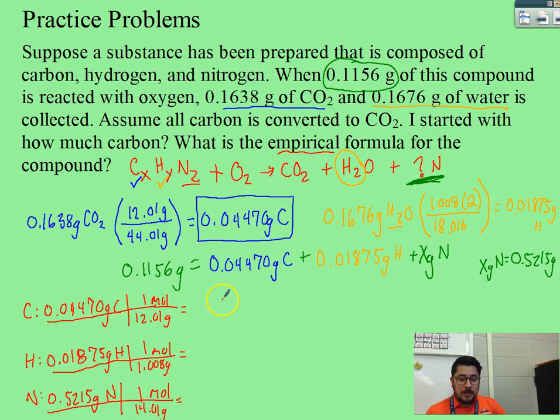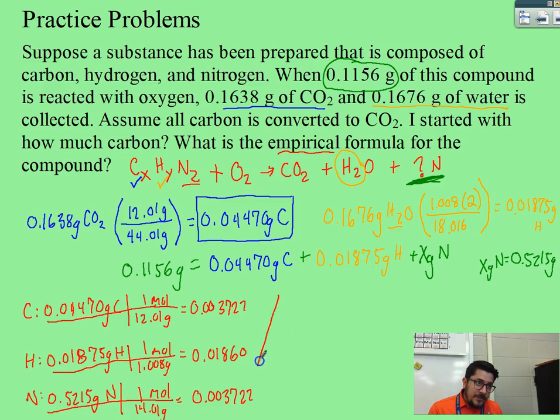I'm going to plug them all in, and I'm going to get numbers. This one is 0.003722. This one is 0.01860. And this last one, 0.003722. I'm going to divide them all by the smallest value, which was 0.003722.